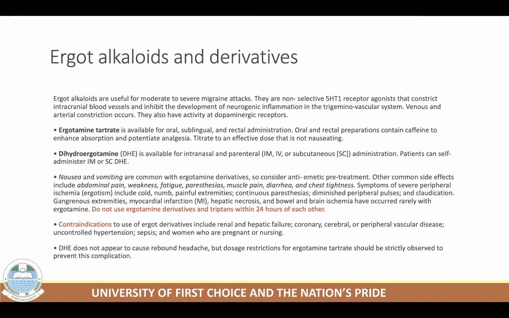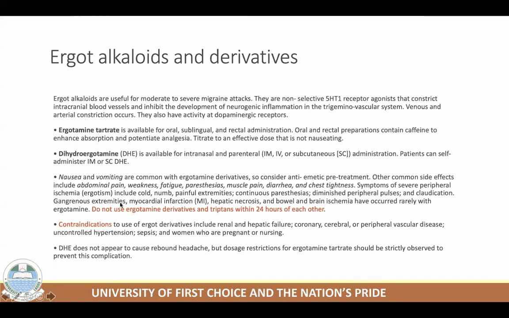It is not all preparations of ergotamine tartrate that come with caffeine. Please note, most of what is commonly available in Nigeria is plain ergotamine tartrate, right? So there's a specific formulation that contains the caffeine.